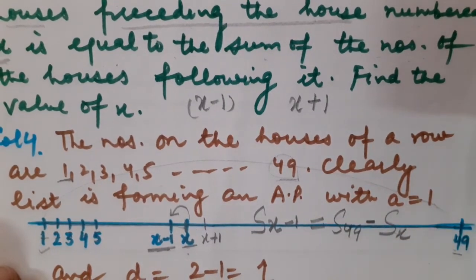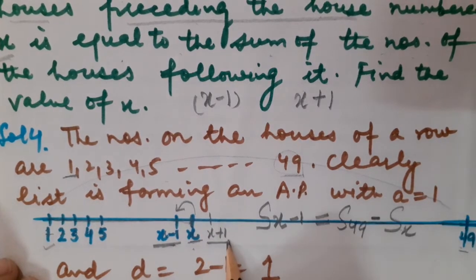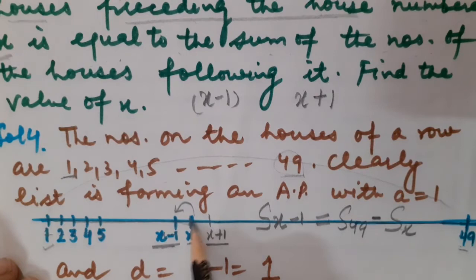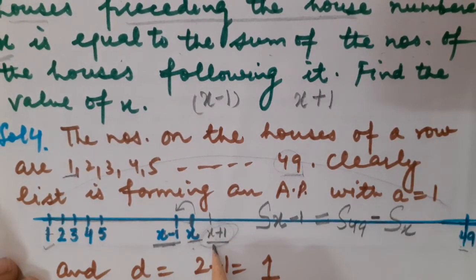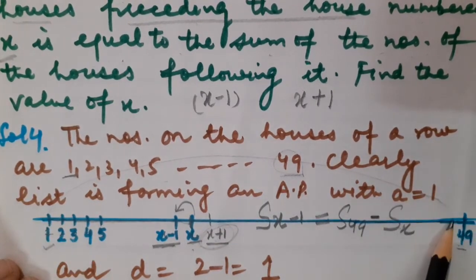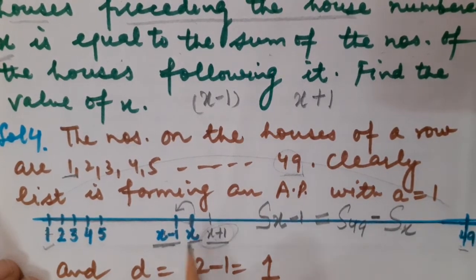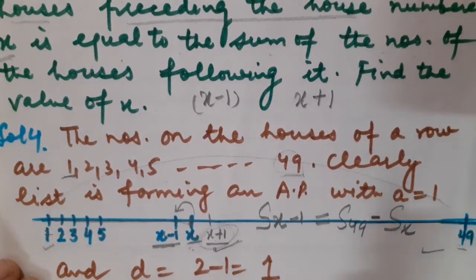Correct, students? I will have to take the sum starting from x plus 1 and going up to 49. Because I do not know what x is, I cannot consider it as the very first term of the AP. So I am just going to take the sum of all 49 and subtract the sum up to Sx, so that I can get the sum of the numbers of the houses starting from x plus 1 and going up to 49.